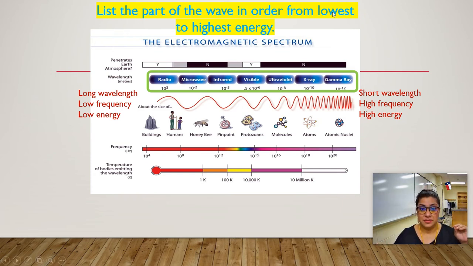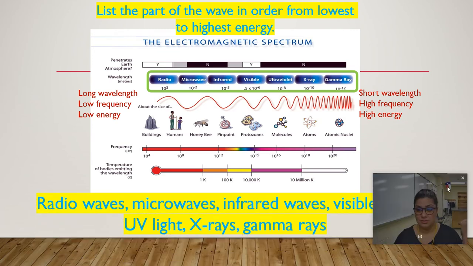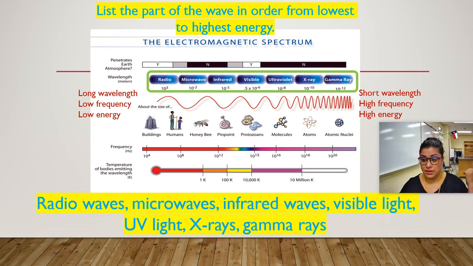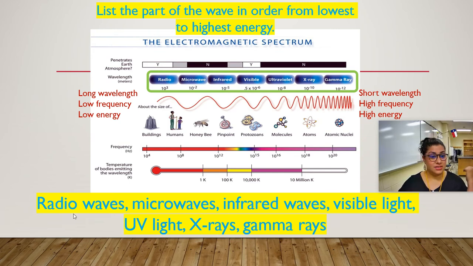So low energy, which side of the spectrum is the low energy side? Right over here, we labeled it. So all we're going to do is label these parts in order. Radio waves has the lowest energy. Gamma rays has the highest energy. Okay, and that's all it is.